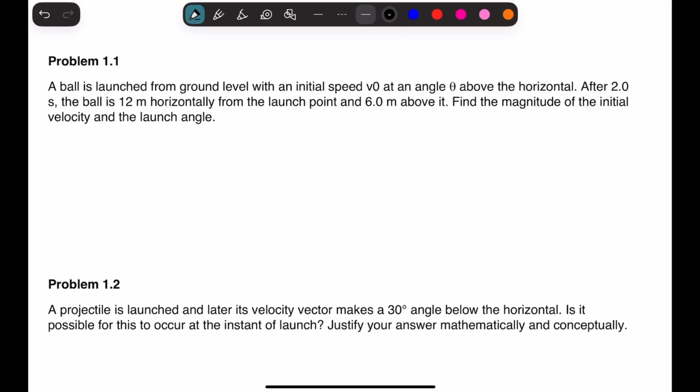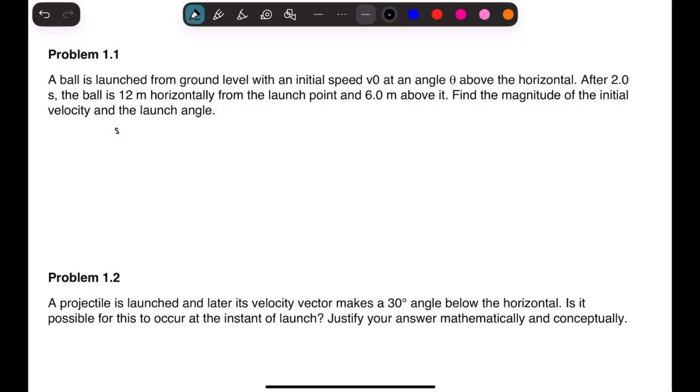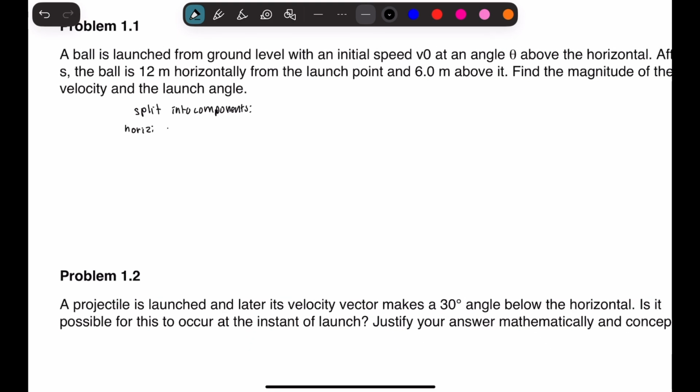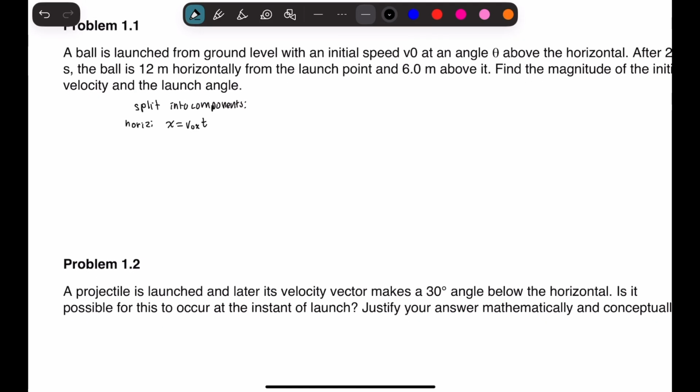So what we can do is first split into components. And what this means is we can target the horizontal and the vertical. So for the horizontal, we have x equal to v initial x times t. And this is going to be 12, which is here.